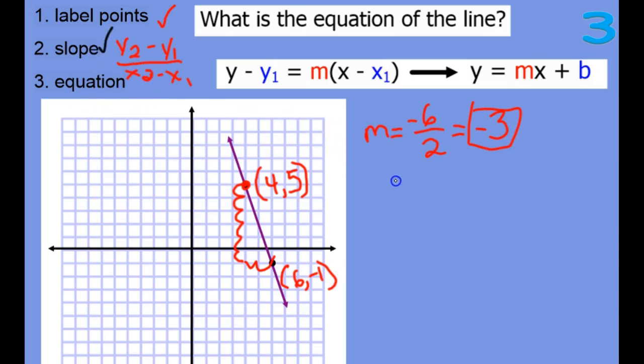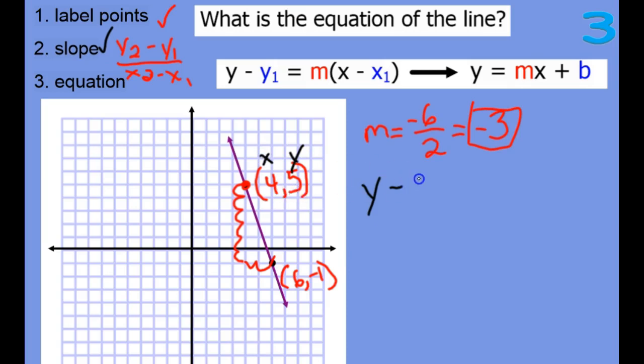Now we need to write an equation. So what we're going to do is write it in our point-slope form. So we'll have y minus y1. We'll say y1 is 4, or 5 I mean, because this is x and y.